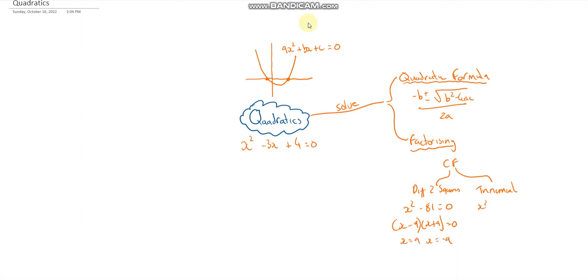Or trinomial like x squared, let's go for plus 5x plus 6 equals 0, so that would be x plus 3, x plus 2, because I'm looking for numbers that add to give me the middle number and multiply to give me the last number. And that's then going to be x equals negative 3 as a solution, and x equals negative 2.